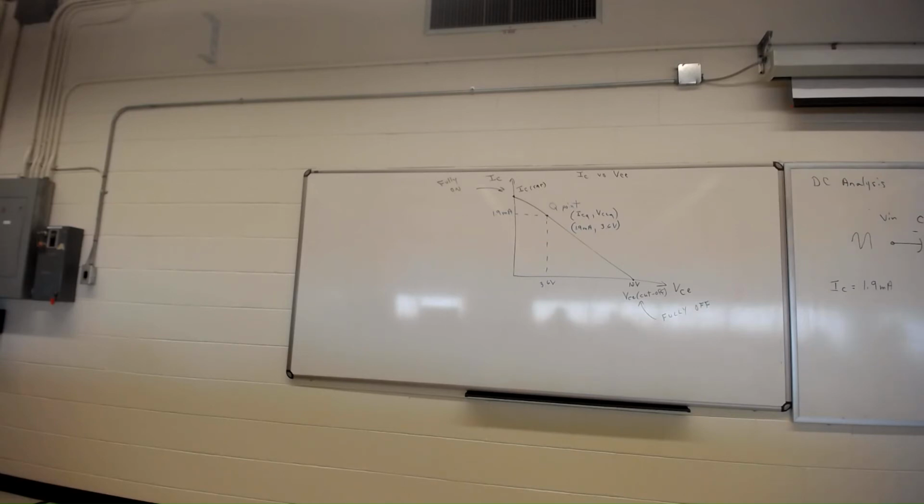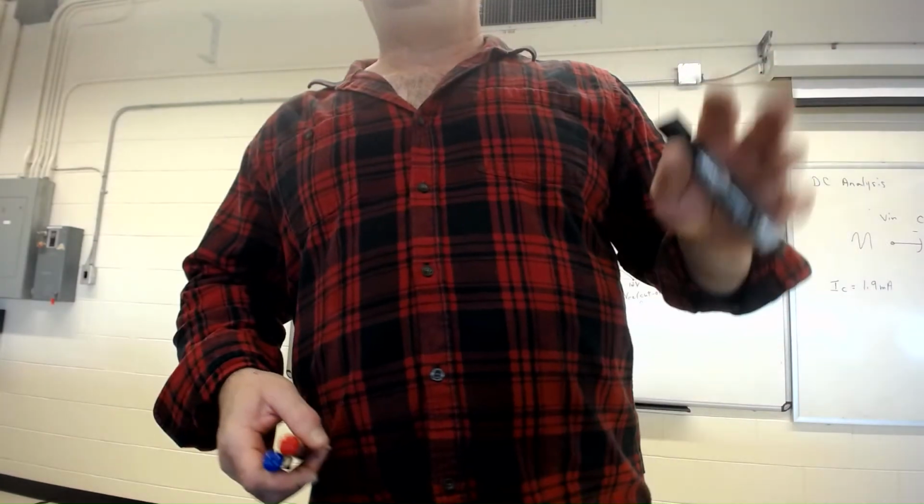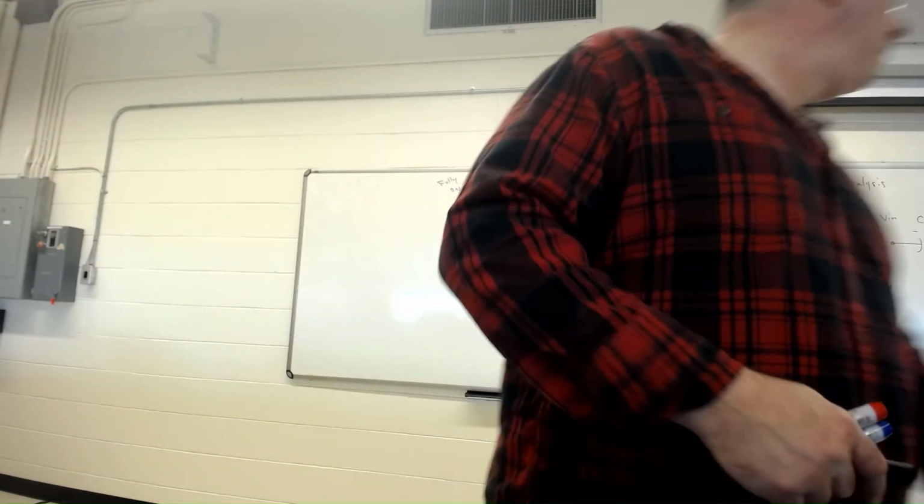And C3 is a bypass capacitor. Now, signal does not leave or come in from that thing. It is actually there for a reason, and I'll explain that in a second.